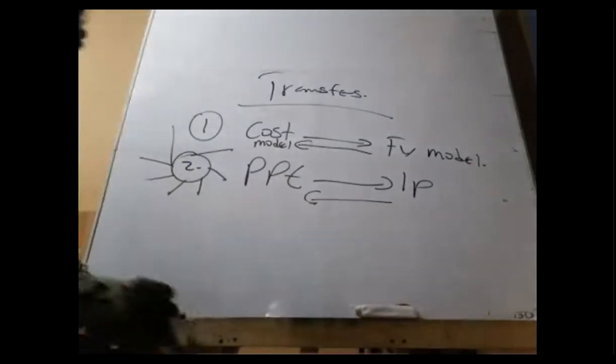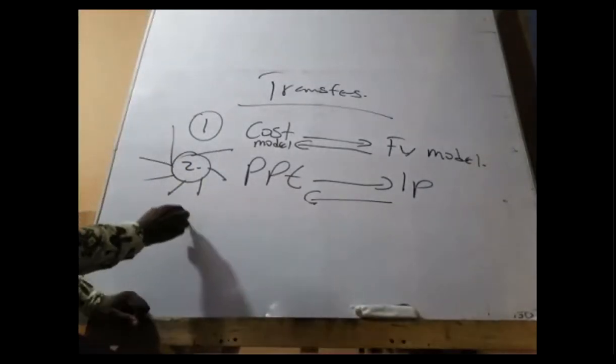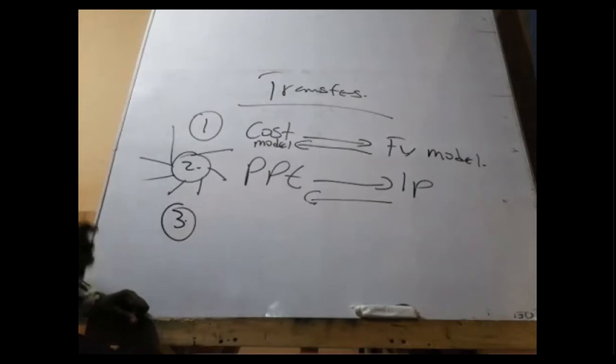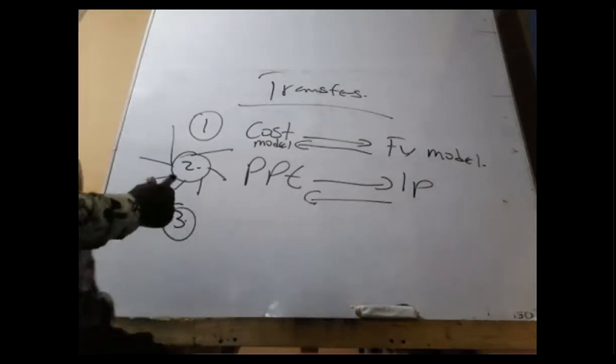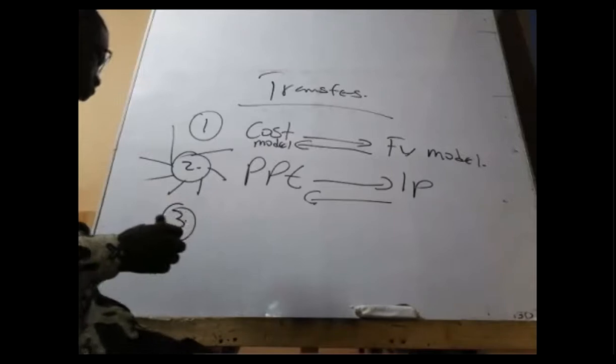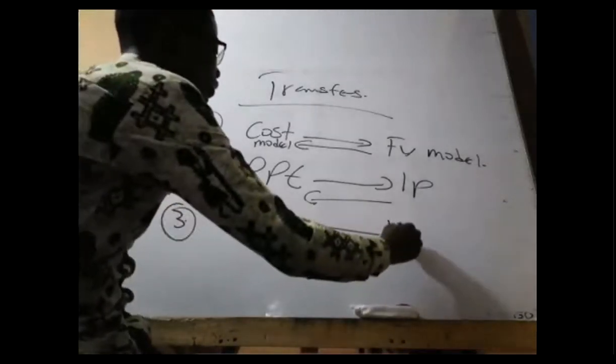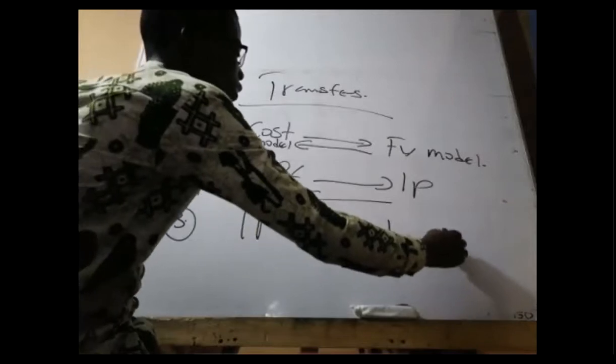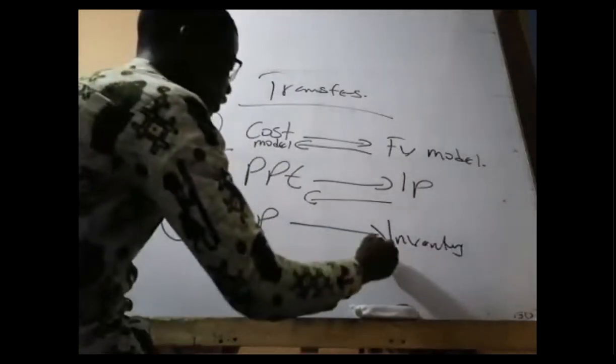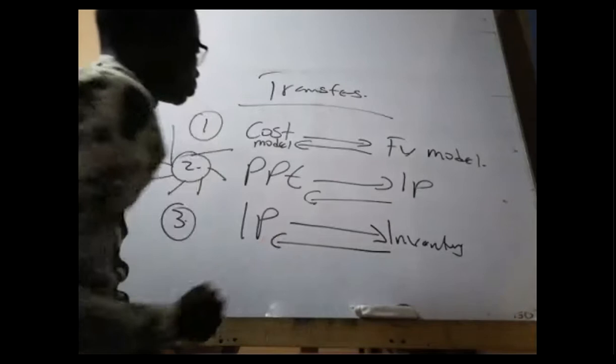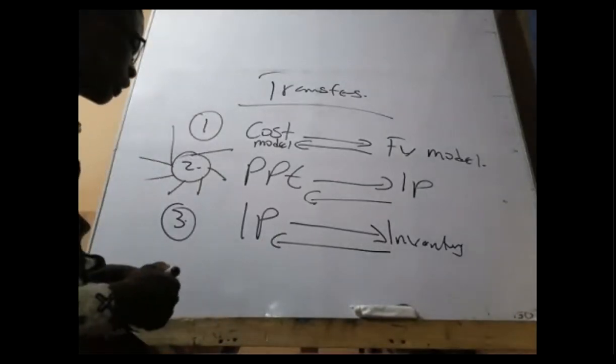Now the next transfer is like this. Number three, you can also transfer from IP, investment property, to inventories. And the reverse is also true, from inventory to investment property.